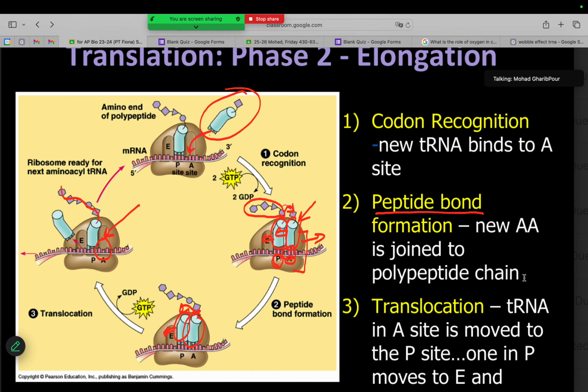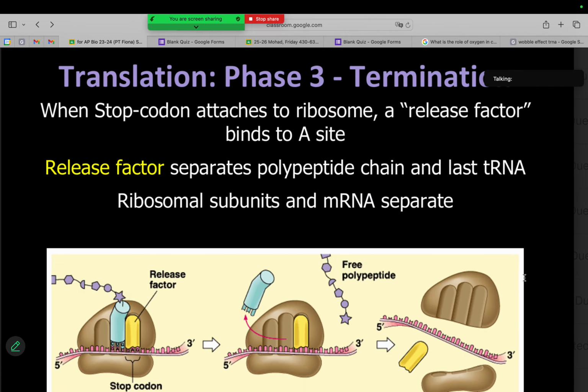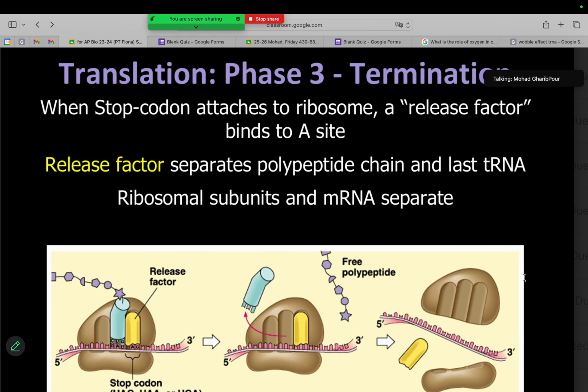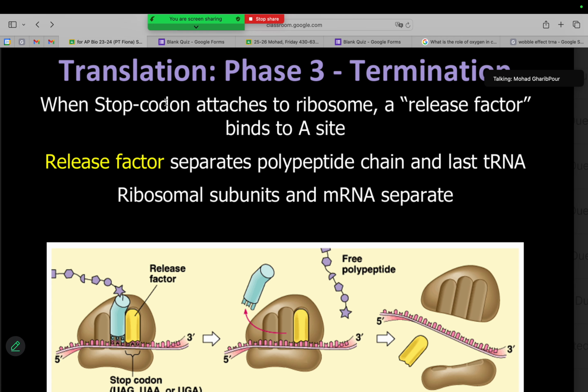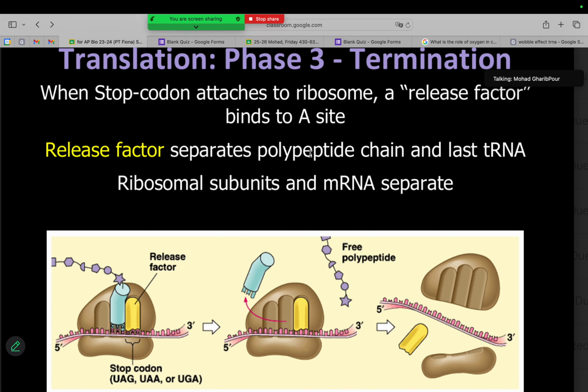So this keeps on going until we hit a stop codon, at which point this whole thing disintegrates, these fall apart, and you have your full amino acid. Or sorry, full polypeptide. So this is phase 3, termination. This is where you reach the stop codon. A release factor binds to the A site.